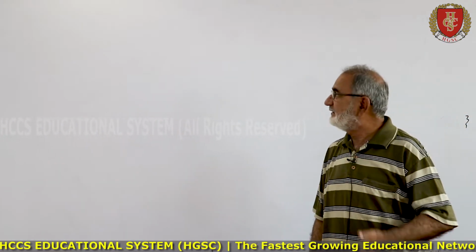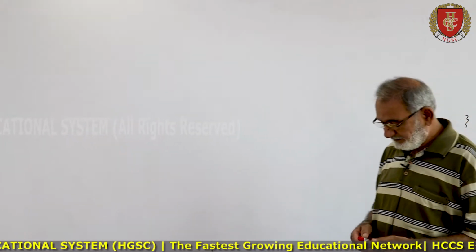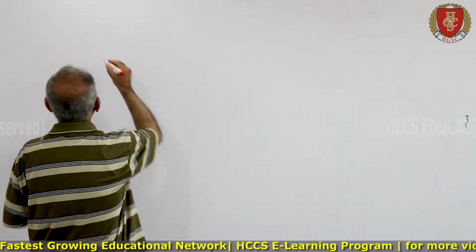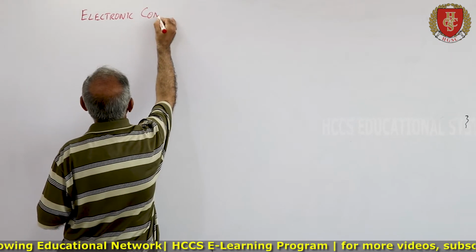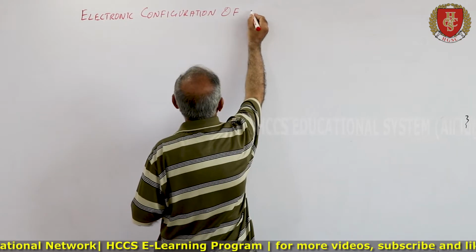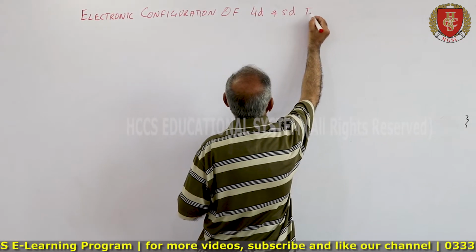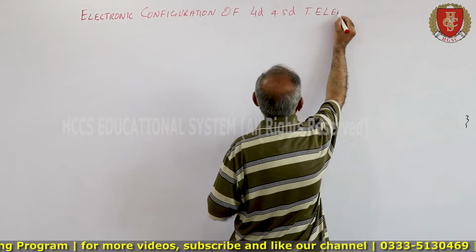In the previous lecture, we discussed its various factors. Today, we will continue to describe the electronic configuration of 4d and 5d transition elements.